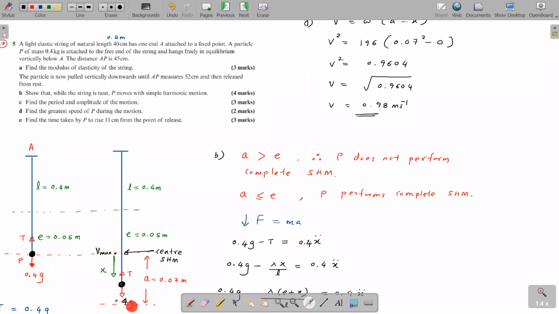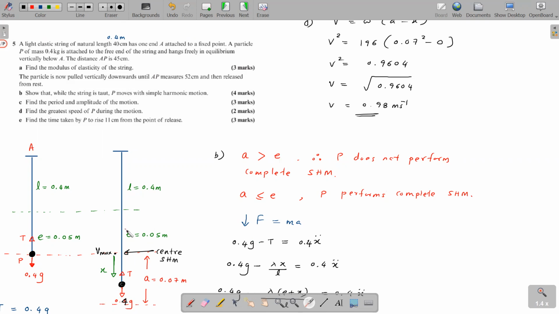Now they want us to find the time taken to rise 11 centimeters from the corner. Since you have climbed 7 centimeters to the center, how much more do we require? Another 4 centimeters. Are you within the range of simple harmonic motion, or are you going to the place where the string becomes slack?